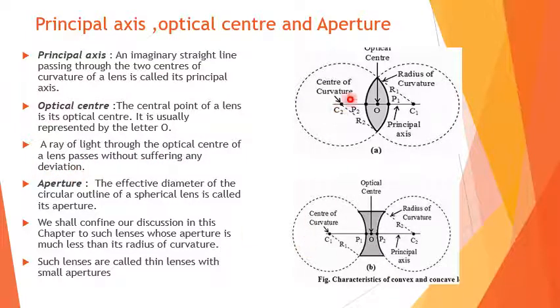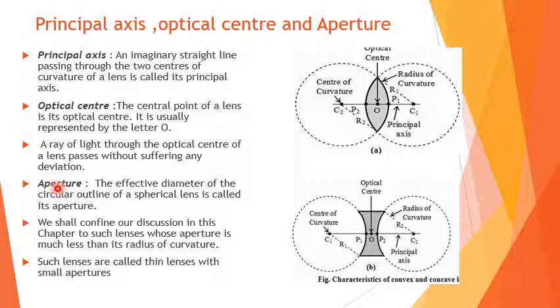If any ray of light passes through this O, it does not diverge or converge, it will pass straight. So that is the optical center.